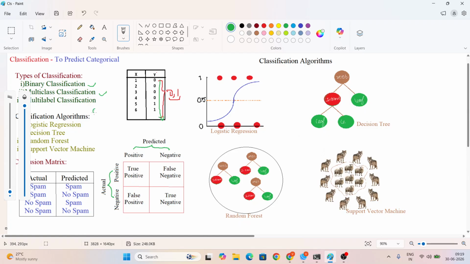True or false also comes in, and there we use 0 and 1, because this is also two classes. If it's a comedy scene, 1 or 0. If it is a fight scene, 1 or 0, your wish. If the film has a fight scene, you give 1, otherwise 0. This is called multi-label classification. Have you got my point?